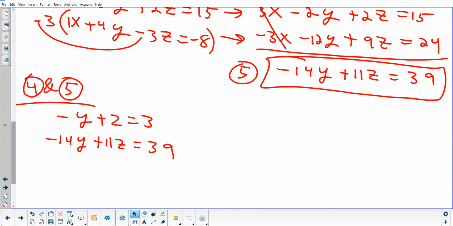Let's see, do we want to eliminate y or z? Z. Okay, what's the least common multiple between 1 and 11? 11. So we're going to copy this one.